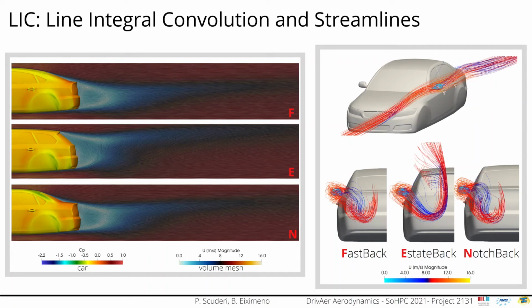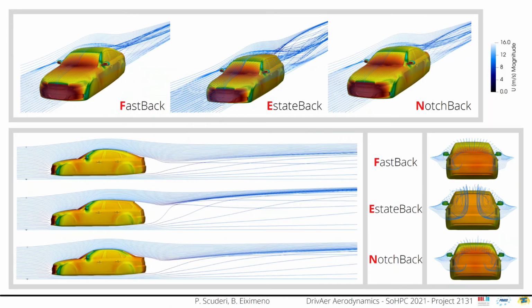Again, we can remark what was just explained before for the estateback version. In these slides, streamlines are mapped out. The biggest size of the wake vortices is associated with the estateback configuration. Instead, the smaller is related to the fastback shape. We will see in one of the next slides what this implies in the aerodynamic drag.